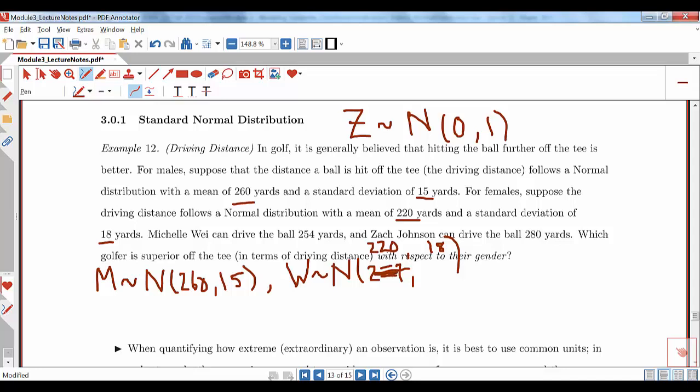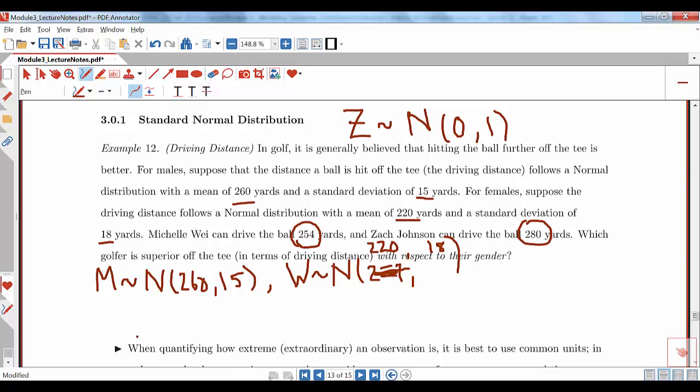So there are two different distributions, and to compare her total amount of yards, 254, in comparison with other women, and his 280 in comparison with other men, we're trying to find out which is really driving farther with respect to their group. Obviously 280 is further than 254, but with respect to the distribution they're in, 254 might be further in the tail of the women's than 280 is in the men's distribution.